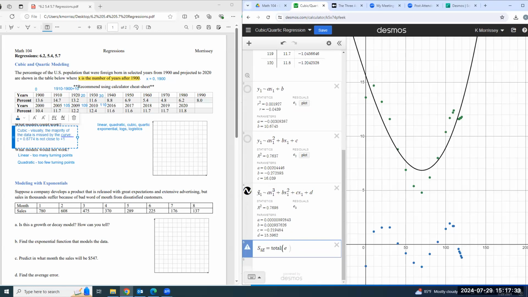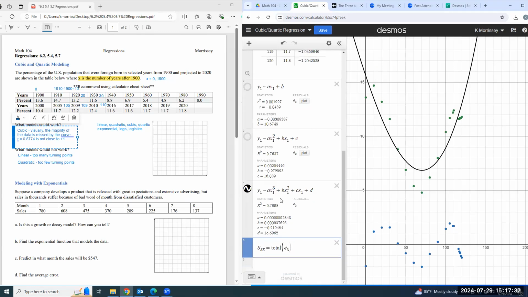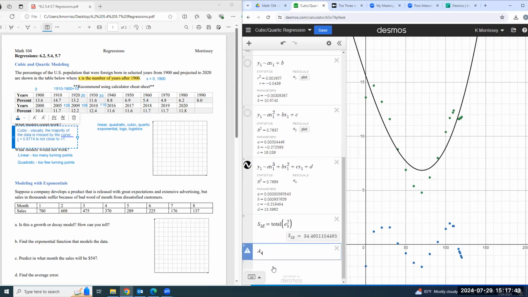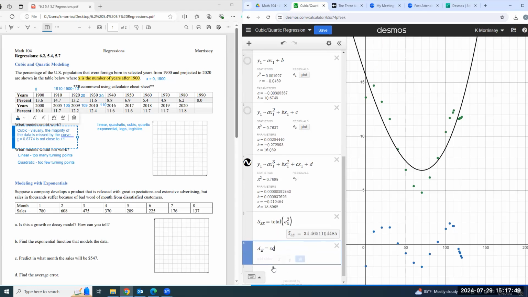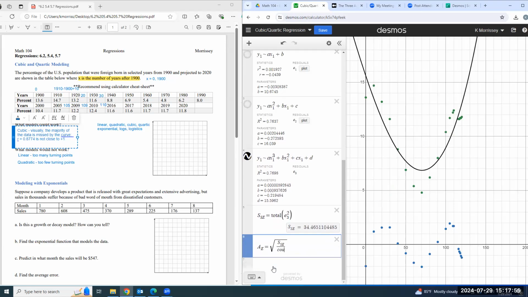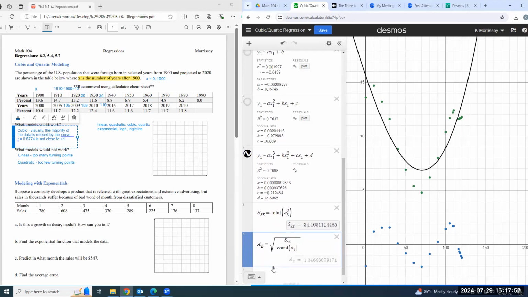That's the one that we're going to do against this cubic. And then we're going to square these values. And then to get your average error, we're saying A sub E is equal to the square root of your SSE divided by count of X sub 1.